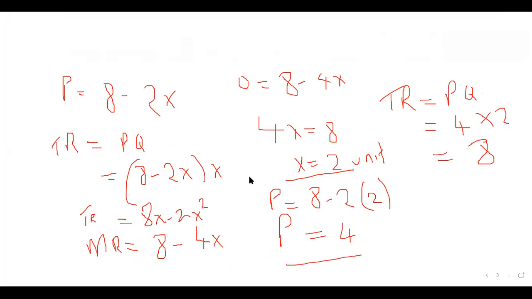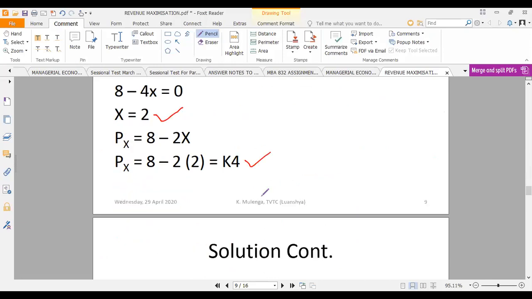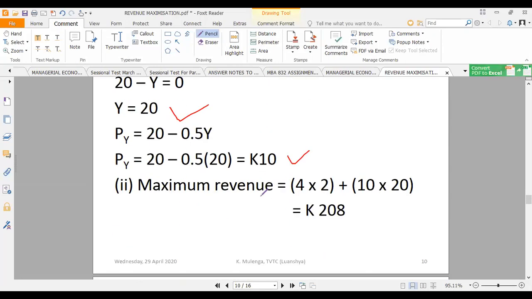Likewise, that's what you would do on the other one. Okay, so we find 8 for good X and 200 for good Y. So the maximum revenue would therefore be 208. That is our maximum revenue.